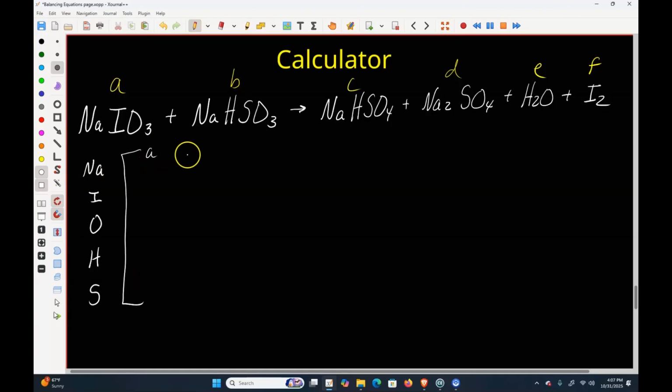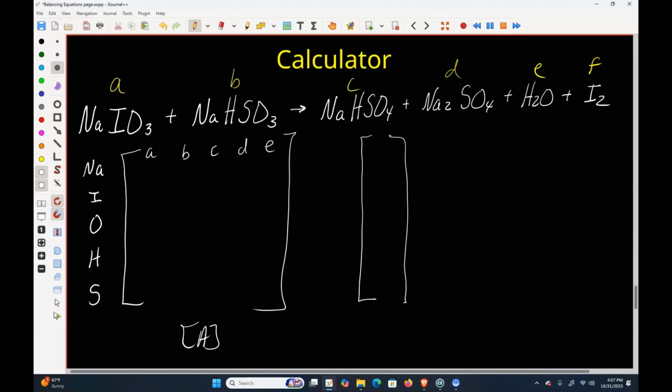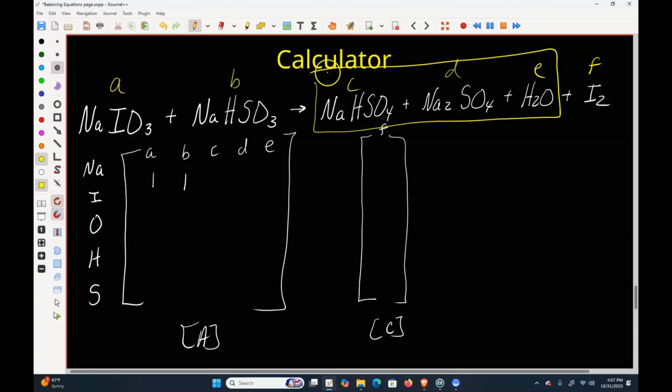So this is going to be A, B, C, D, and E. All this is matrix A. And all this will be F. This will be matrix C. For sodiums, I have 1 in A, 1 in B. Remember now, we're going to take all of this and bring it over there and change the sign.